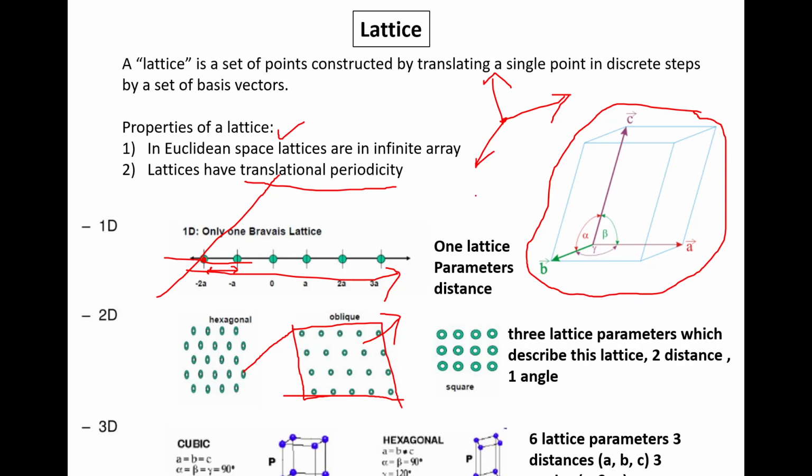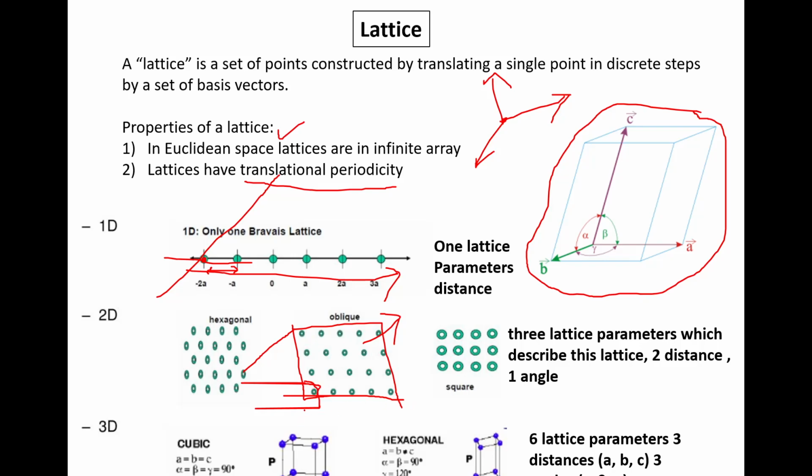A 1D lattice has only one lattice parameter, that is your distance. For constructing a 2D lattice, you need this distance parameter and also an angle with which your two axes are aligned with one another.